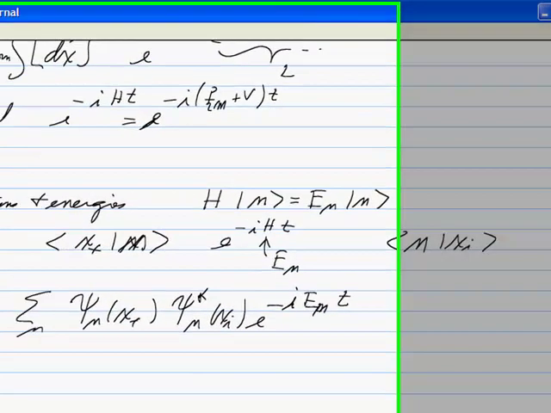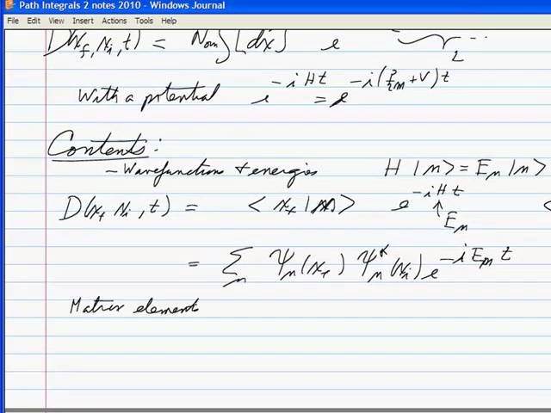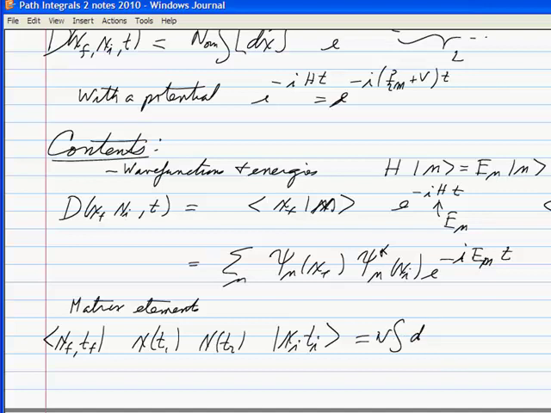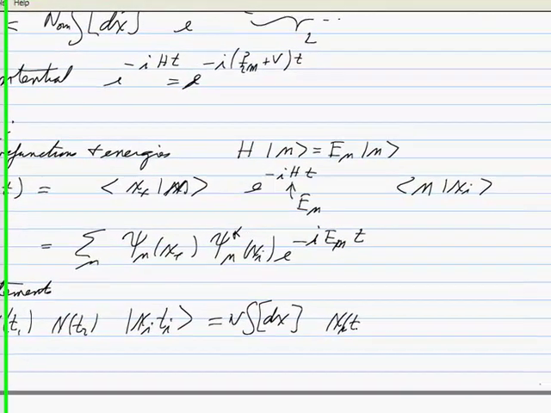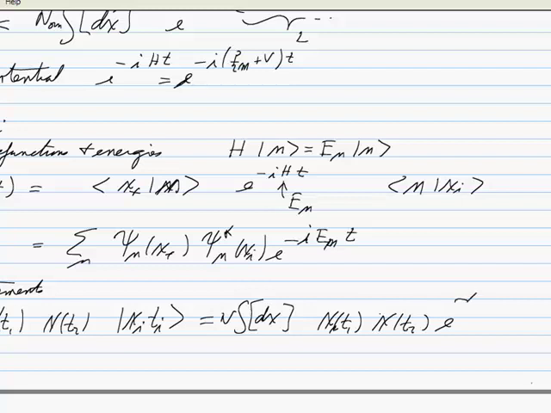The other thing that you can get out of this is matrix elements. So if I've got x_f, t_f, x_i, t_i, and I wanted the average values of x at some t_1, x at some t_2 along the way, this in quantum mechanics isn't something you do very often, but you could ask the question: the integral of this, with normalization, dx, x at t_1, x at t_2, e to the minus i H t.